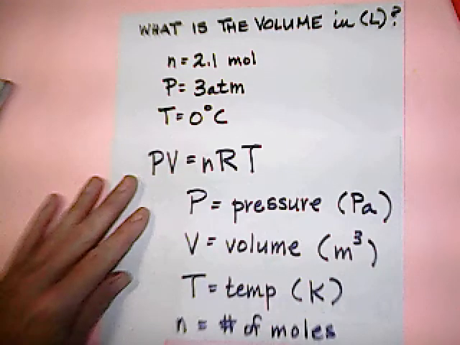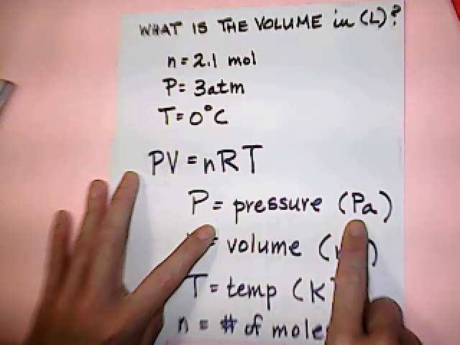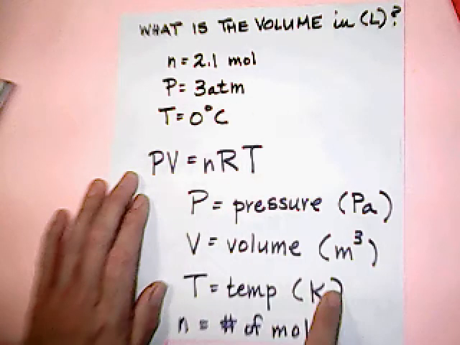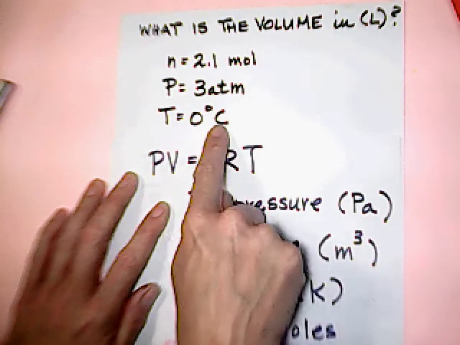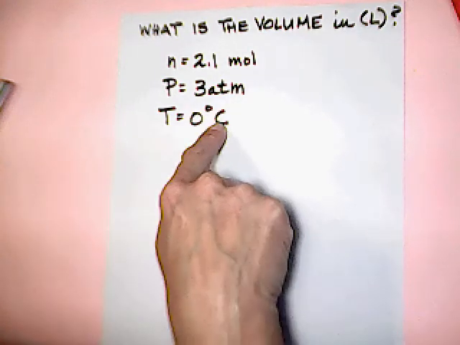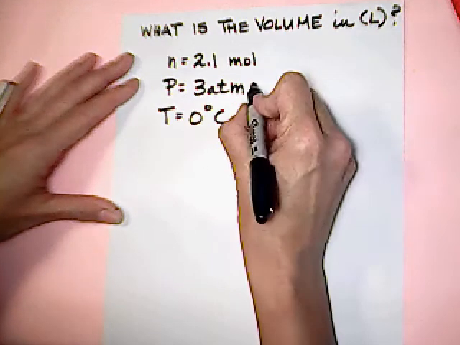But in order to solve this problem using this equation, I need to have pressure in pascals. It's not. It's in atmospheres. And I need to have temperature in Kelvin, and it's not. It's in Celsius. So let's start making these changes here.